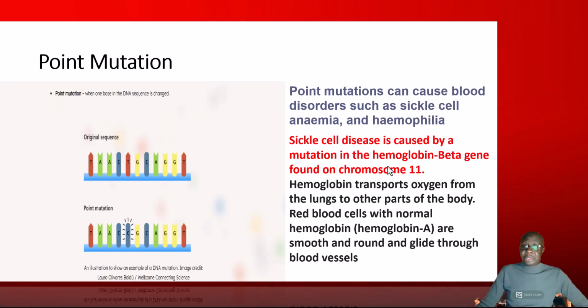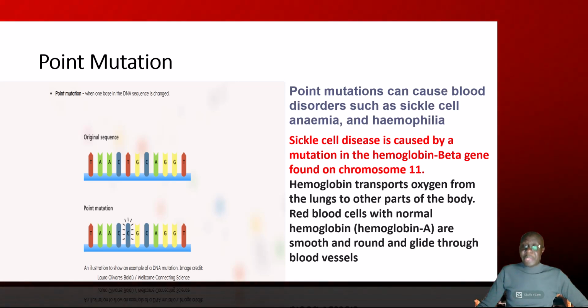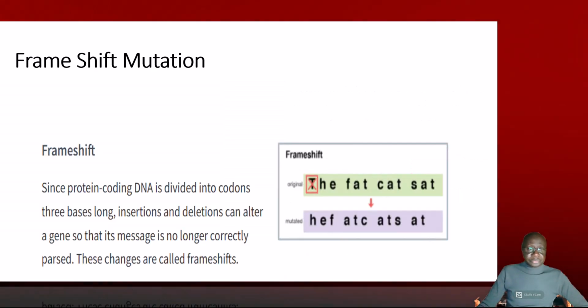If the parents are carriers of this bad copy, if you inherit a bad copy from your father and a bad copy from your mother, then definitely you are inheriting a copy that cannot make the correct blood cell. So therefore, you have sickle cell or you have hemophilia. Okay, that is how that happens.